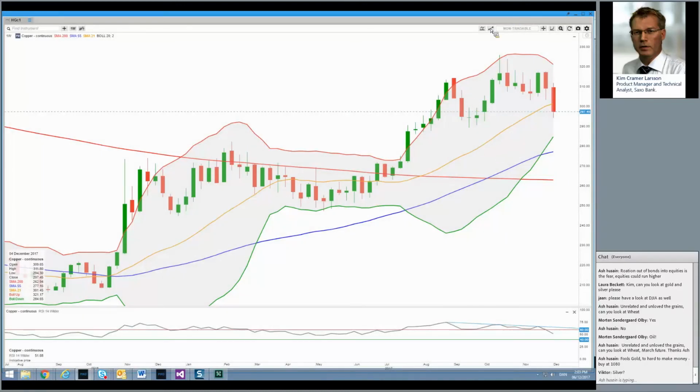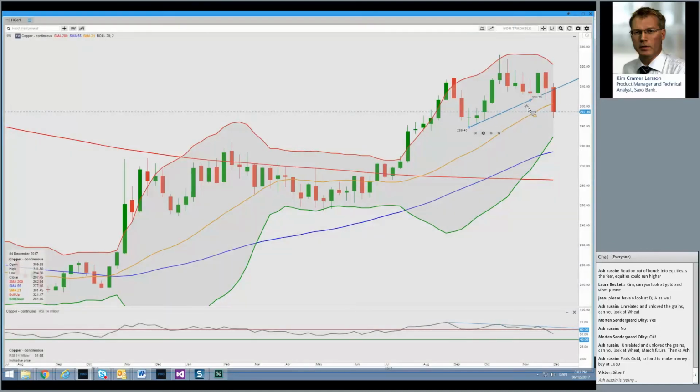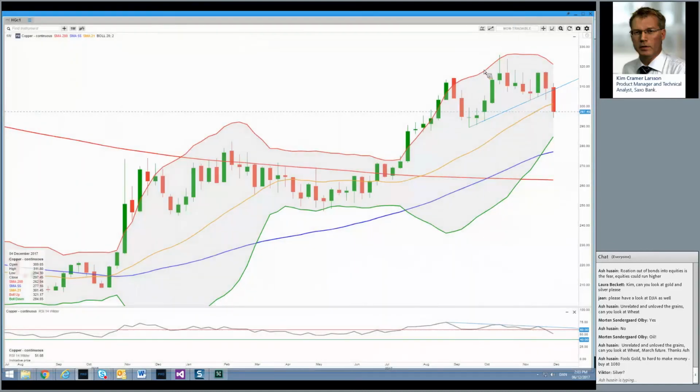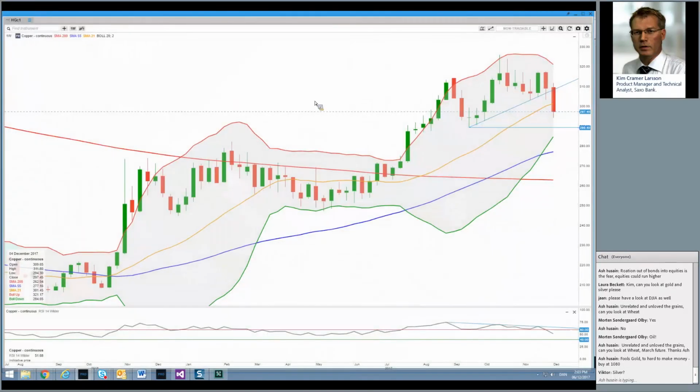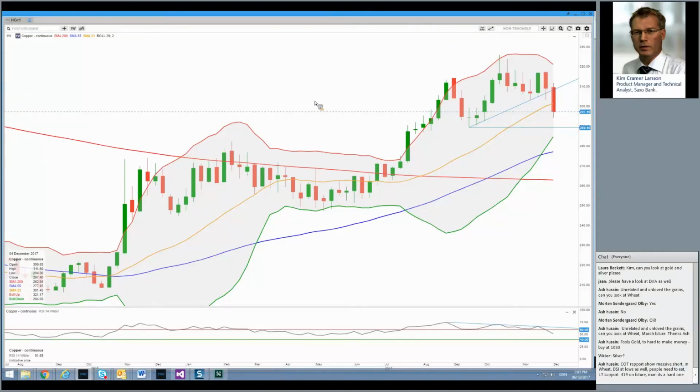So it seems like it's dropping and breaking this trend line. The next support is just around 290. Keep an eye out for that. A close below here, and we are easily back down to around 260 again.